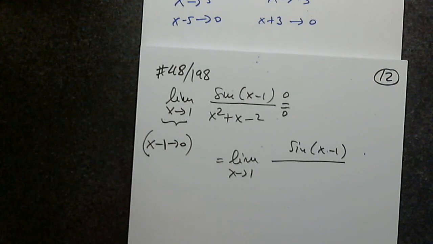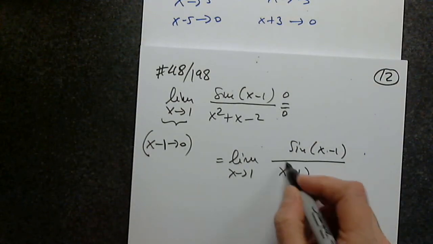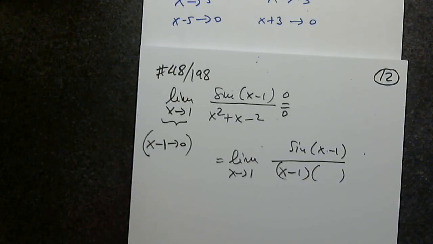So the denominator must have a factor of x minus 1, and I know why. If it doesn't have a factor of x minus 1, it would not be 0 when I plug in 1. Very good. By the remainder and the factor theorem. Yes, awesome. And what is left in parentheses?